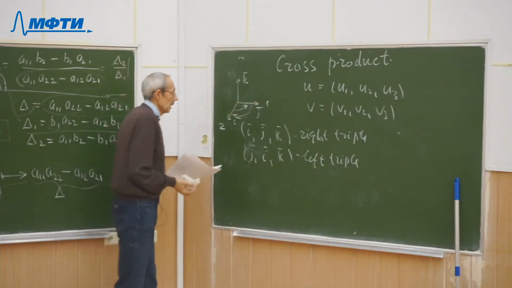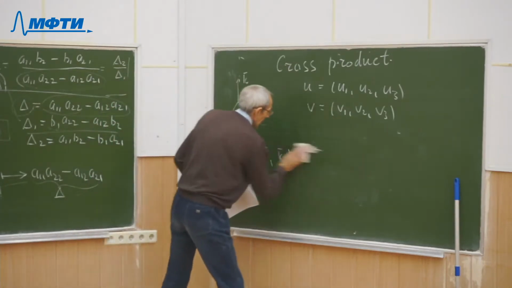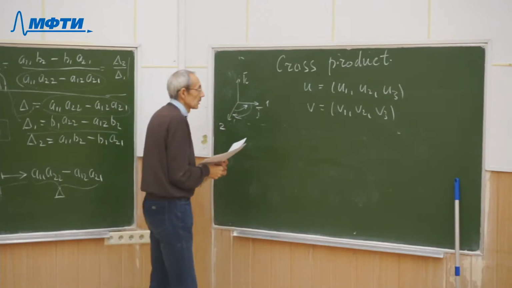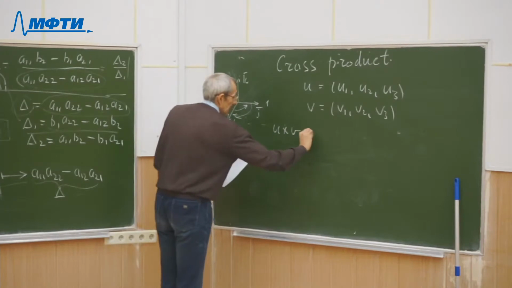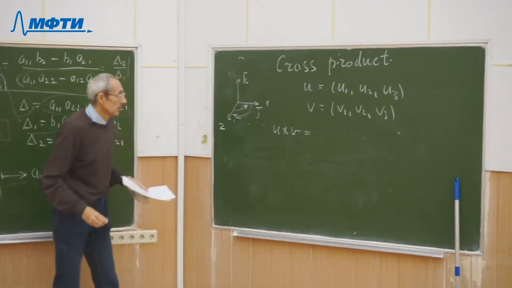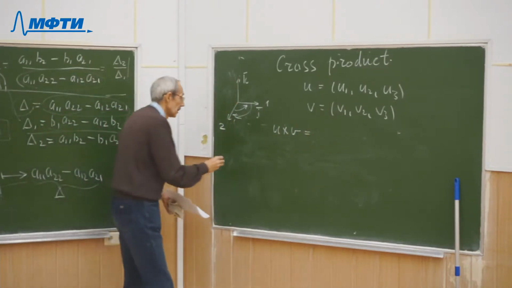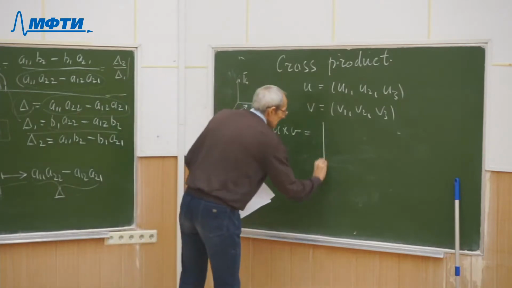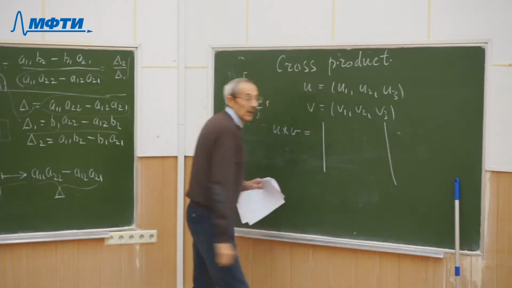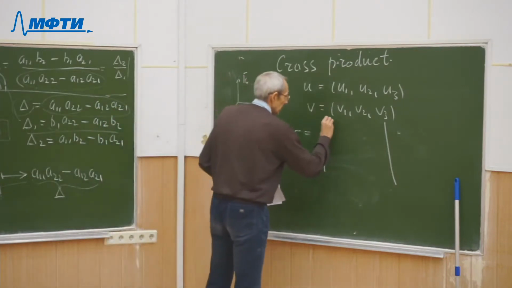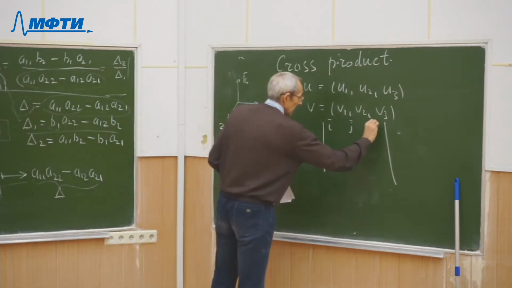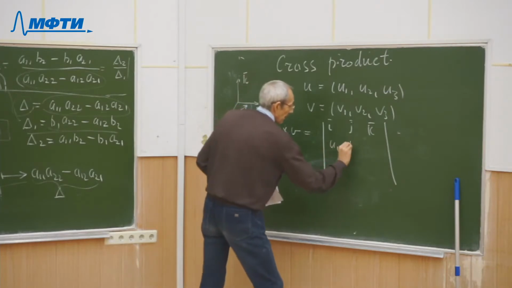We define the cross product in the coordinates of these vectors as the following formal determinant, defined by the following formula.